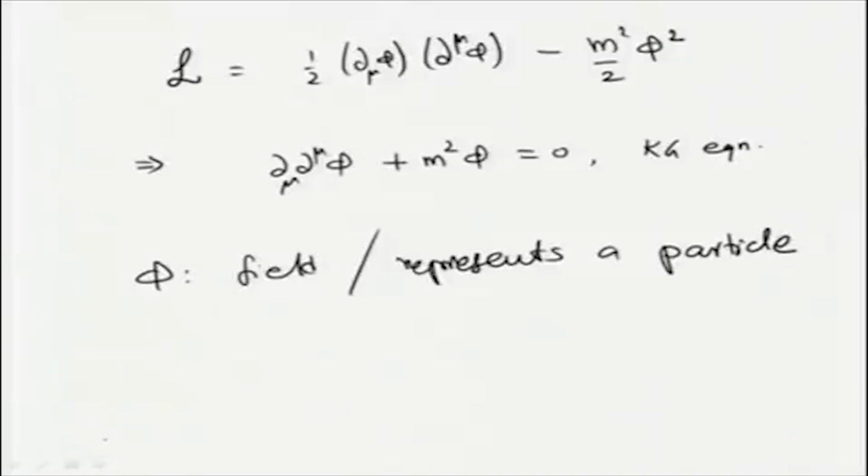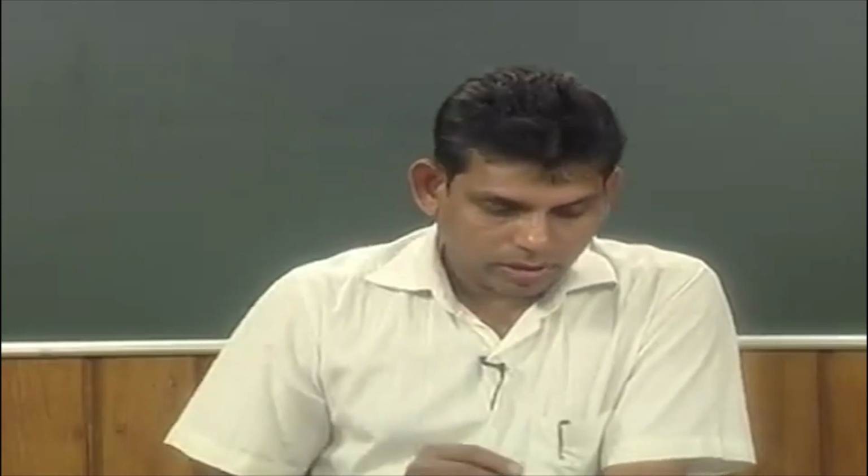Now, another type of particle that we had encountered earlier is the Dirac kind, the ones which satisfy the Dirac equation, and in passing we had mentioned that the particles described by the Dirac equation are spin half or fermionic particles, for example, electron.